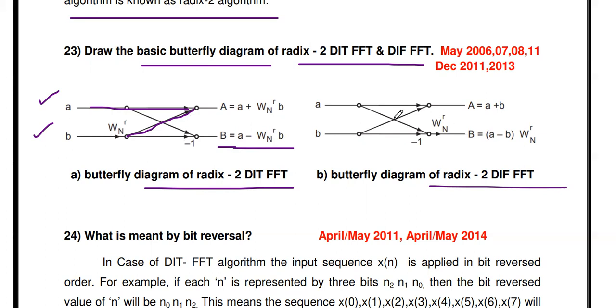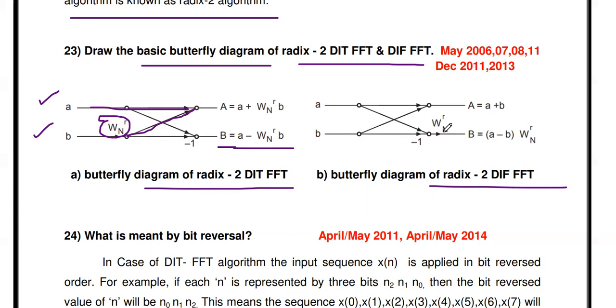Similarly, in this also the same diagram, but what is the difference? In the DIT algorithm, the twiddle factor Wn power r is multiplied with the input before it is given to the butterfly diagram. But here, after calculating the butterfly value, we have to multiply with Wn power r.